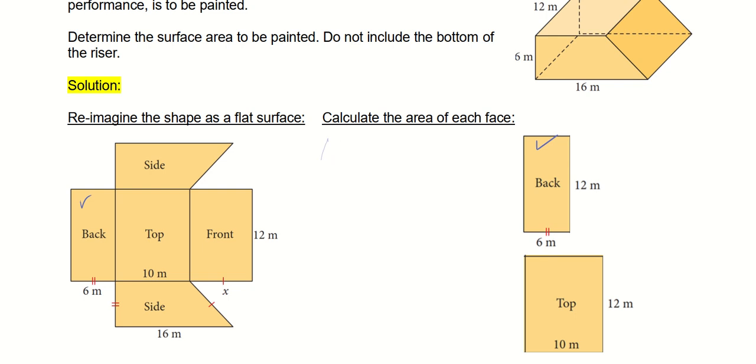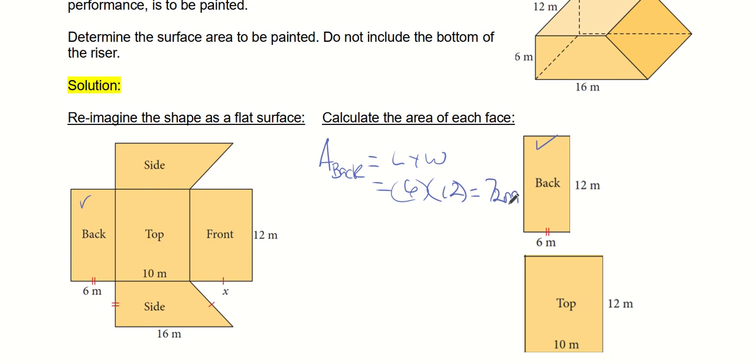So I'm going to say area of the back. That's going to be length times width, right? And in this case, let's say 6 times 12, and that's going to equal 72.